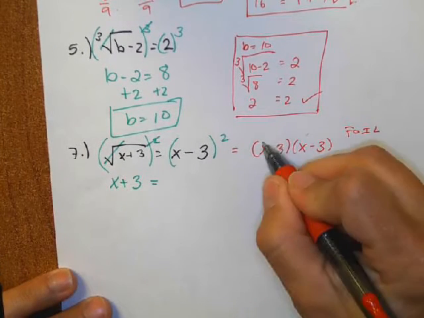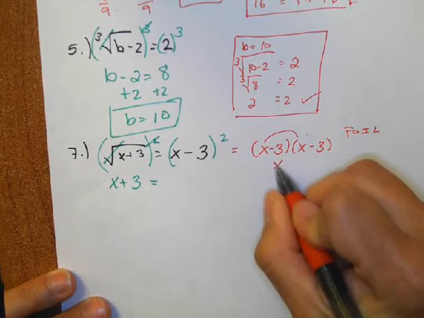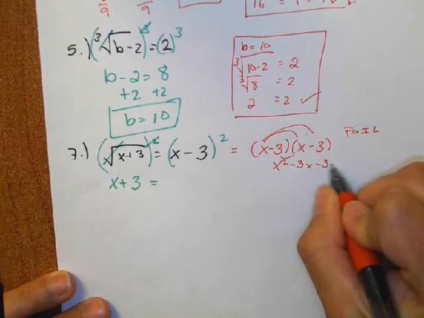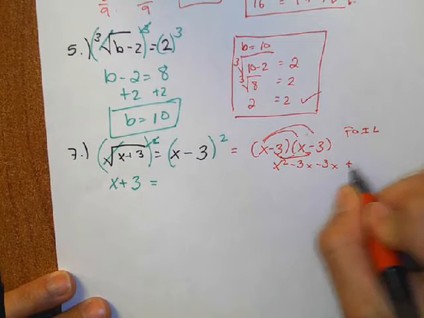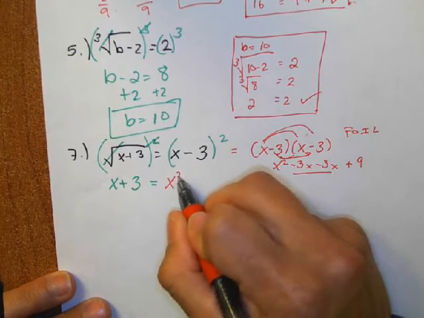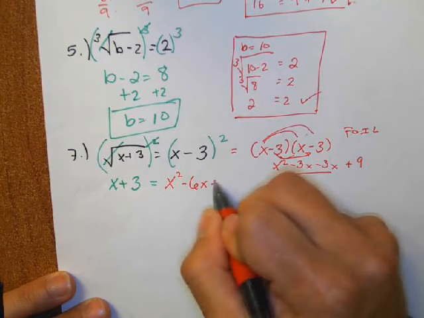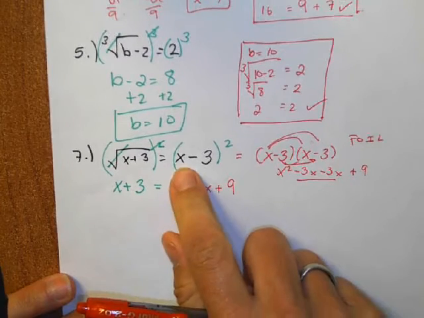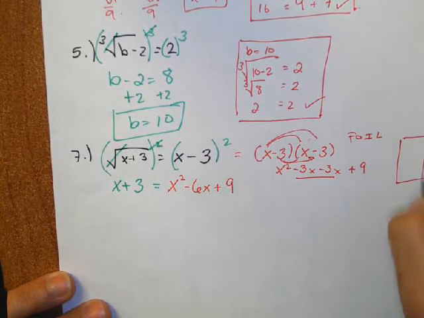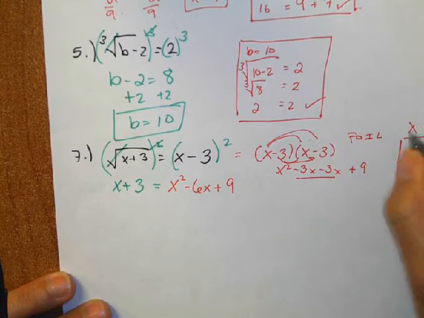So when I FOIL, I get x times x, x times negative 3, negative 3 times x, negative 3 times negative 3. Add my middle two terms, so I get x squared minus 6x plus 9. When you square a binomial, you're going to get a trinomial. The other option that we did is the box method.